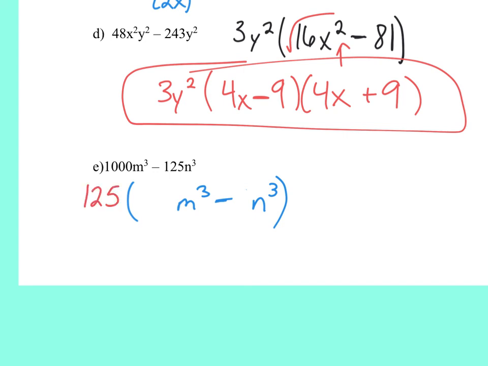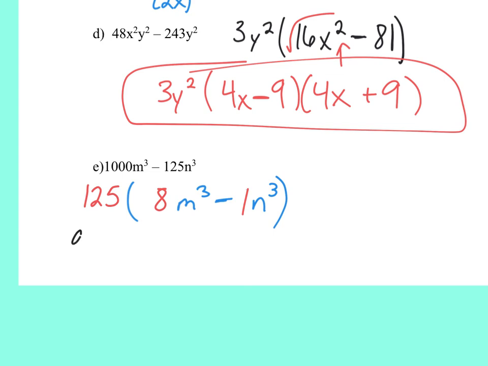Try 125. What's 1,000 divided by 125? So 8. And then 125 divided by itself is 1. Are those going to be perfect cubes? Yeah. Okay, so we got to make sure we get the greatest common factor.